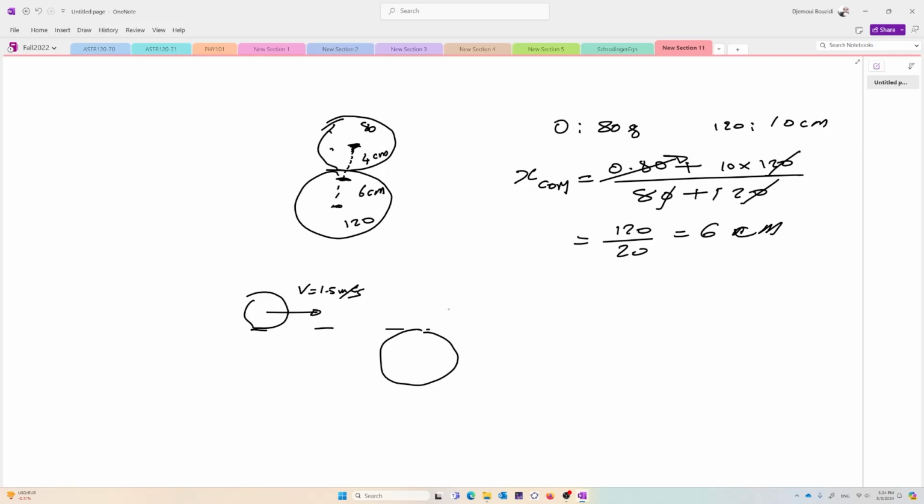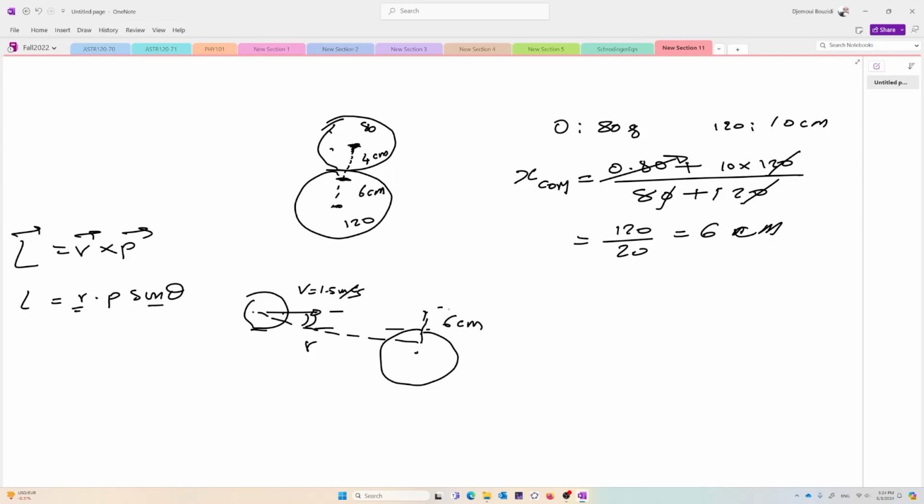And its distance from the center of mass, from here to here, is 6 centimeters. Right now, if I want to use the formula that we have done in lecture, R cross P, this is the R of interest times the sine of theta, because that's how the cross product works. So R, P, sine of theta.